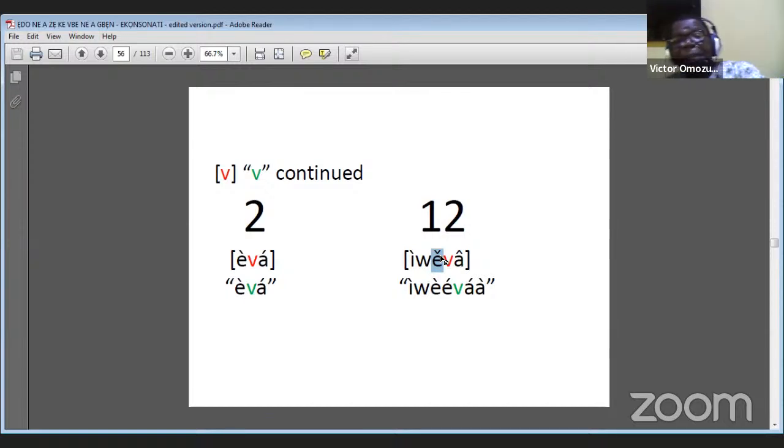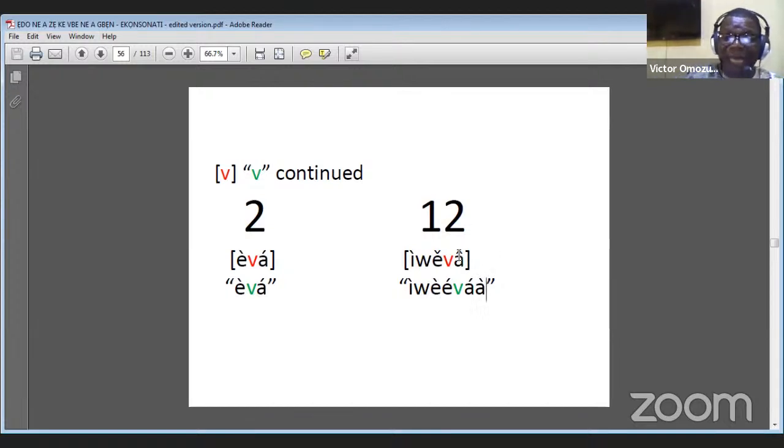In the third syllable, that is va, the first A is marked with the acute accent, and then the second, the grave accent, because it is a falling tone. When the grave accent is in the first vowel, you will know that it's going to be a rising tone. When the acute accent is in the first vowel, it's going to be a falling tone. That is iweva.